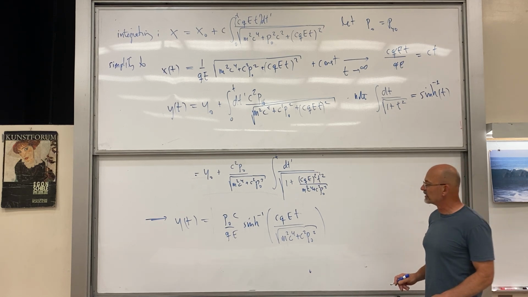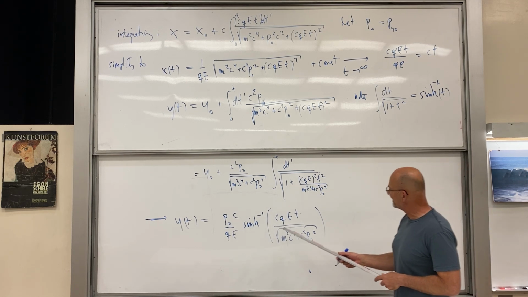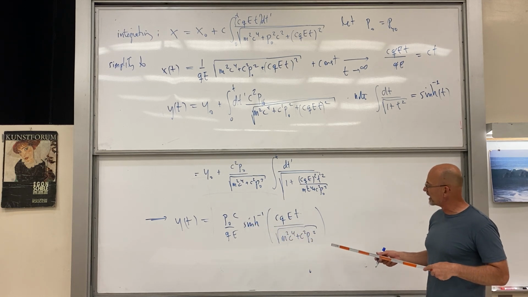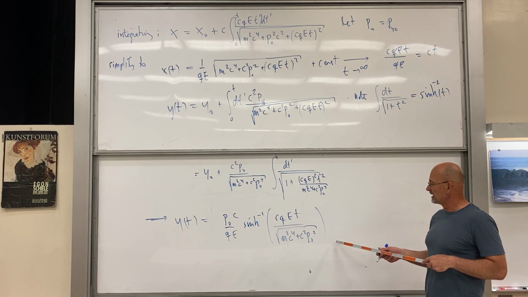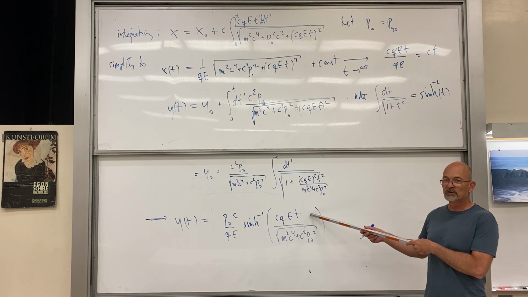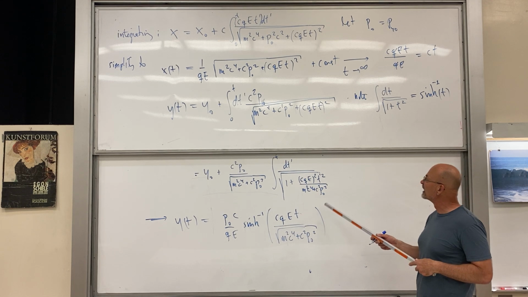So there's the time behavior as well. Now this one we can't just look at and see so well what's going on in terms of a limit as t goes to infinity. We're just seeing that it diverges.